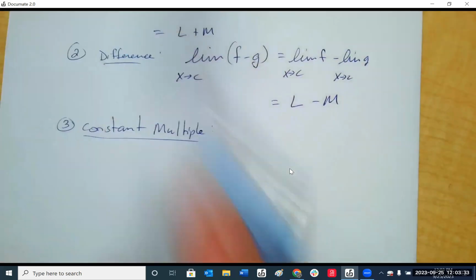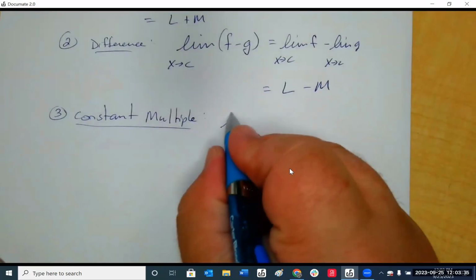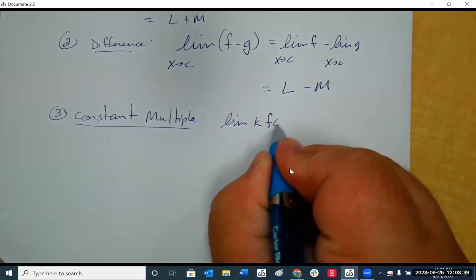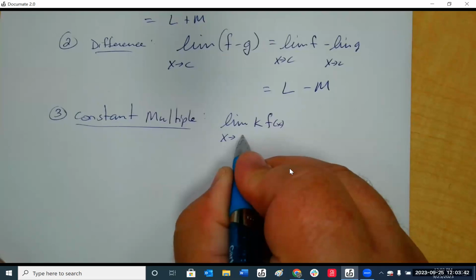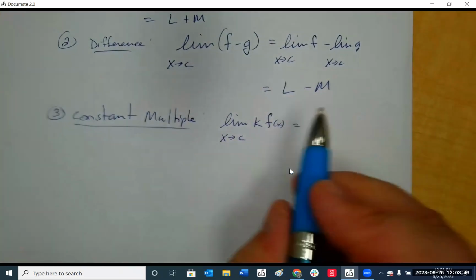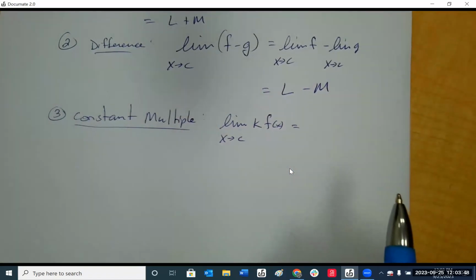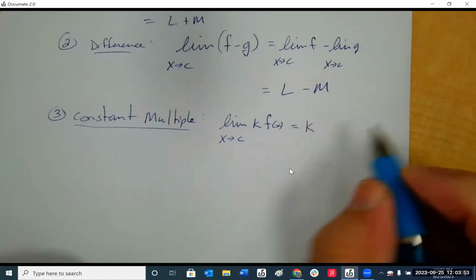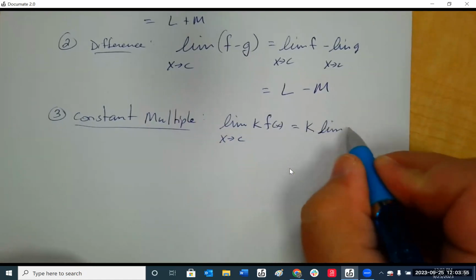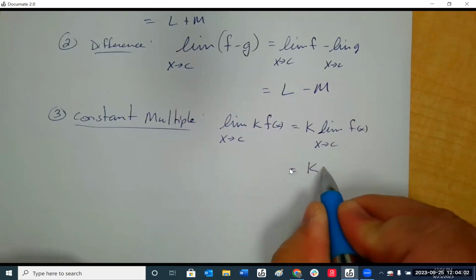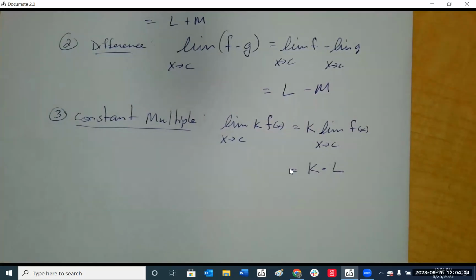What does that mean? You multiply it by some constant. If you have a constant multiple in your function, you can factor the constant number out of the entire limit. So that equals k times the limit.